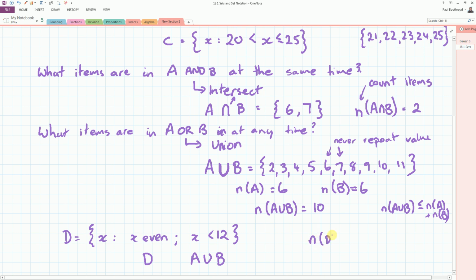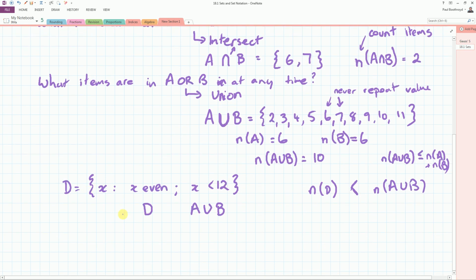The number of items in D. It's smaller. So the number of items is smaller. And this is my tip for remembering the symbol. The symbol is to say we have is contained or is a subset, sorry.